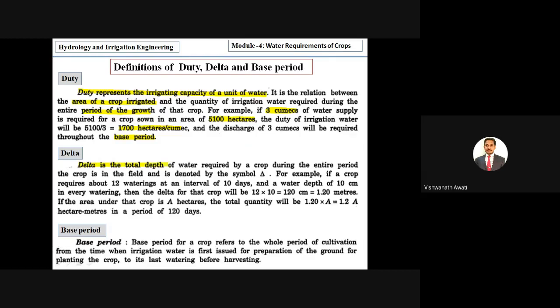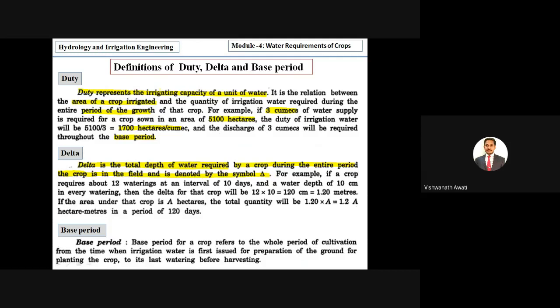Delta is the total depth of water required by a crop during the entire period of the crop in the field, and it is denoted by the symbol delta. The word total depth of water is very important. The entire period of the crop means from planting to harvesting of the crop in the field.